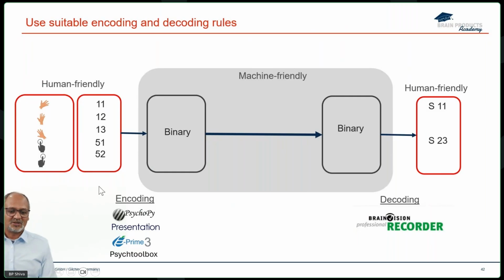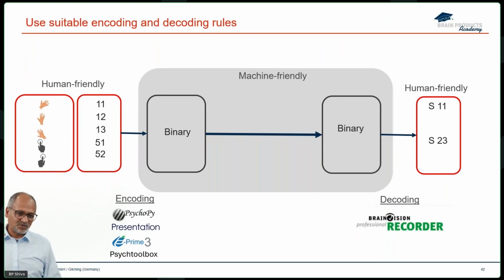And then your experimental control software can implement the rules to convert this to binary and send it to the receiver. And these can be decoded back into, again, a human-friendly marker format. And this decoding is done by BrainVision Recorder.